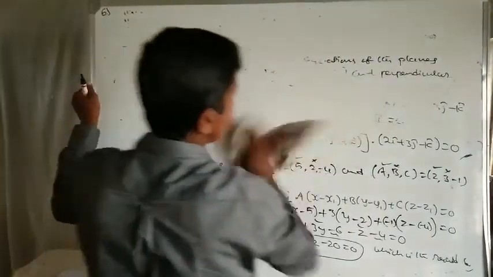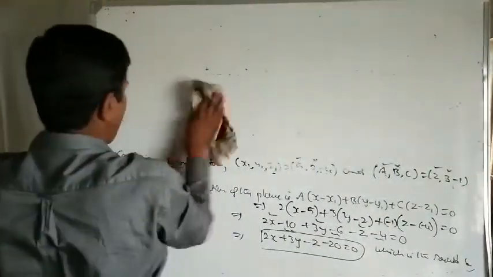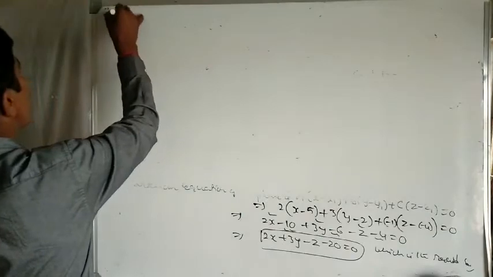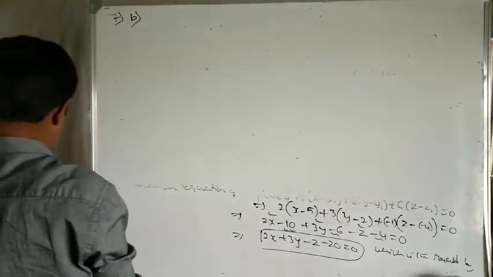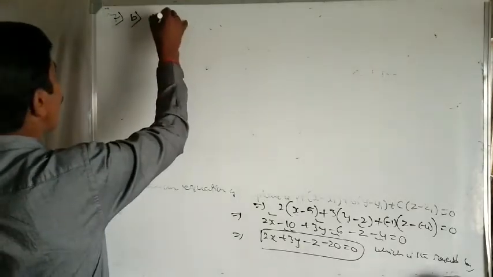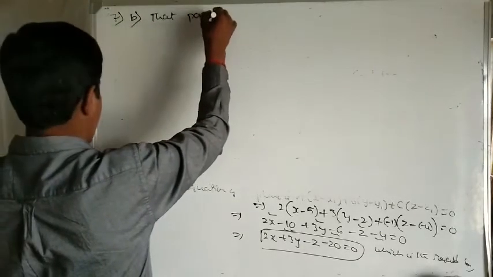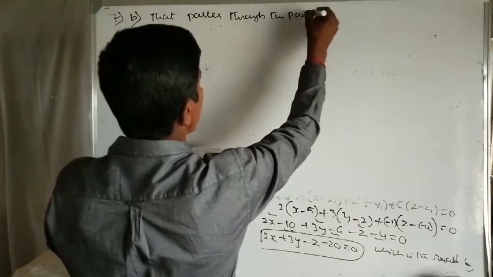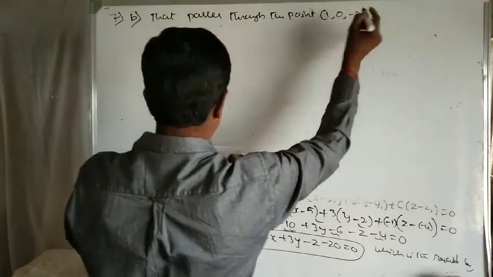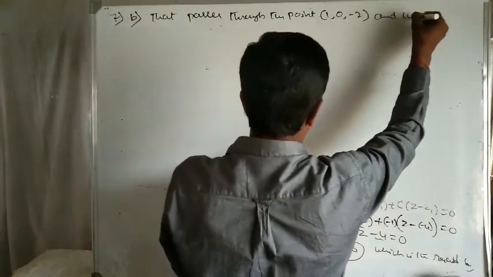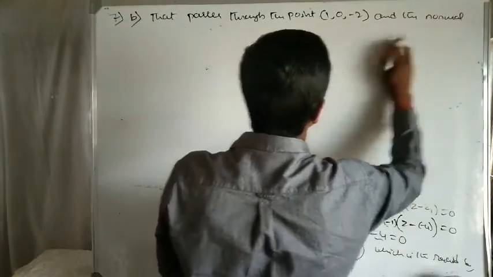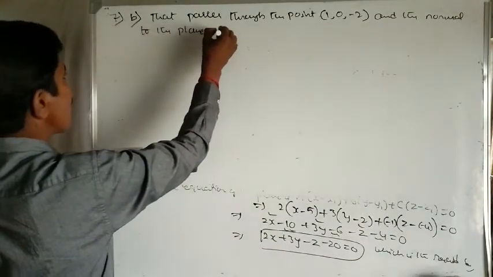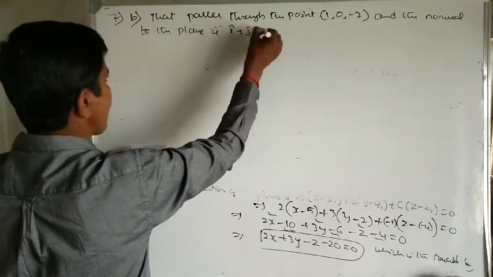Now go to 7th B. Find the vector and coordinate equation of the plane that passes through the point 1 comma 0 comma minus 2 and the normal to the plane is i plus j minus k.